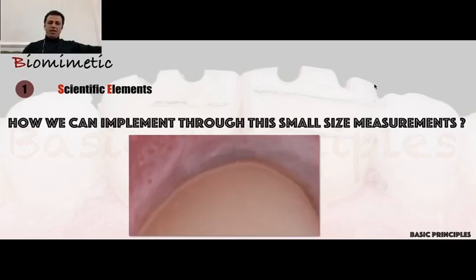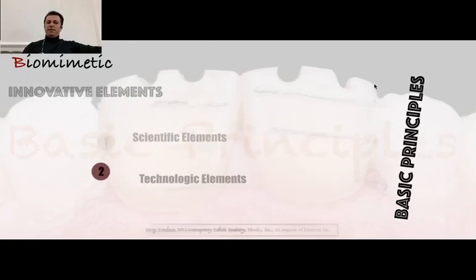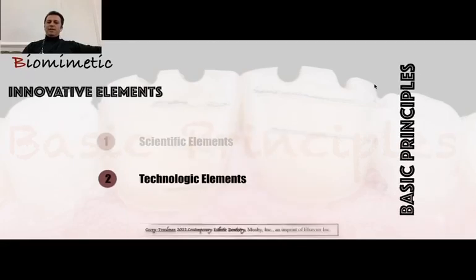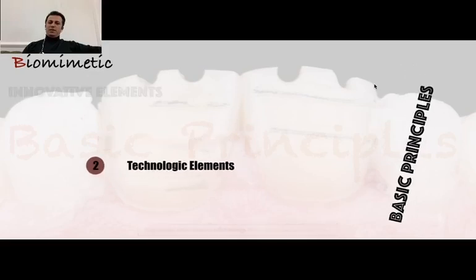Look at the finishing line, how they were. So how can I implement the 4 points of the first scientific element? I can do that by the second element of the biomimetic elements, which is the technological.